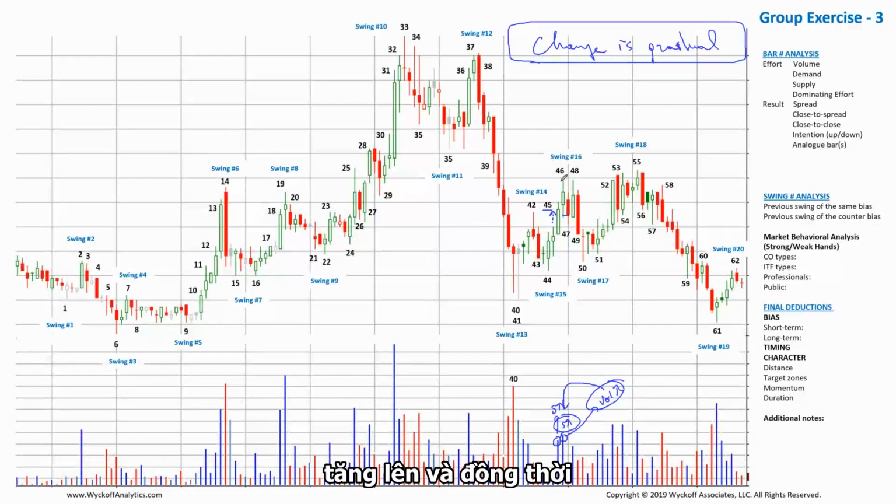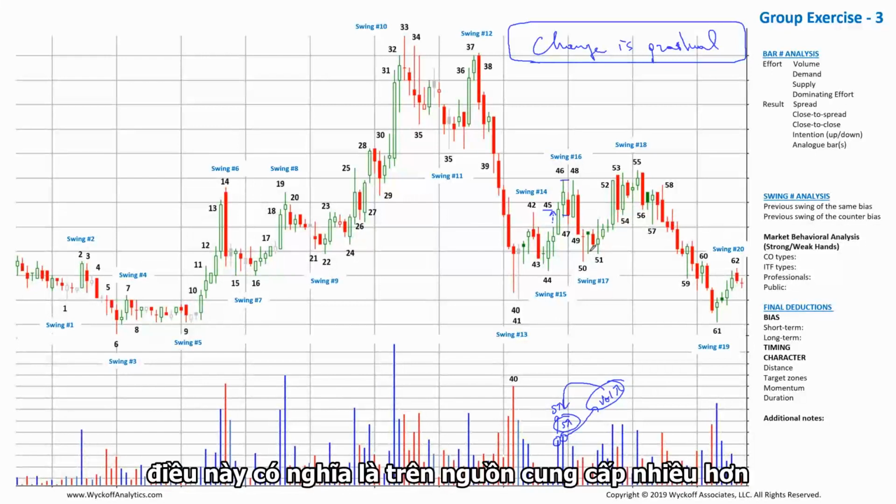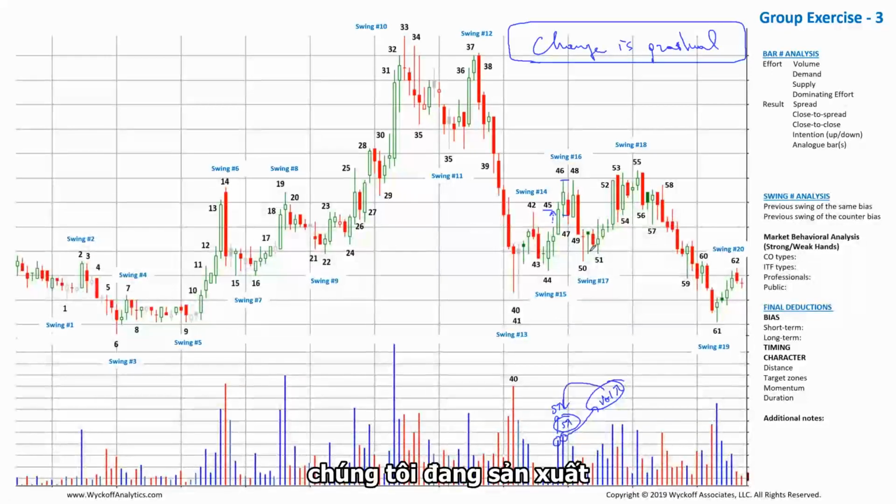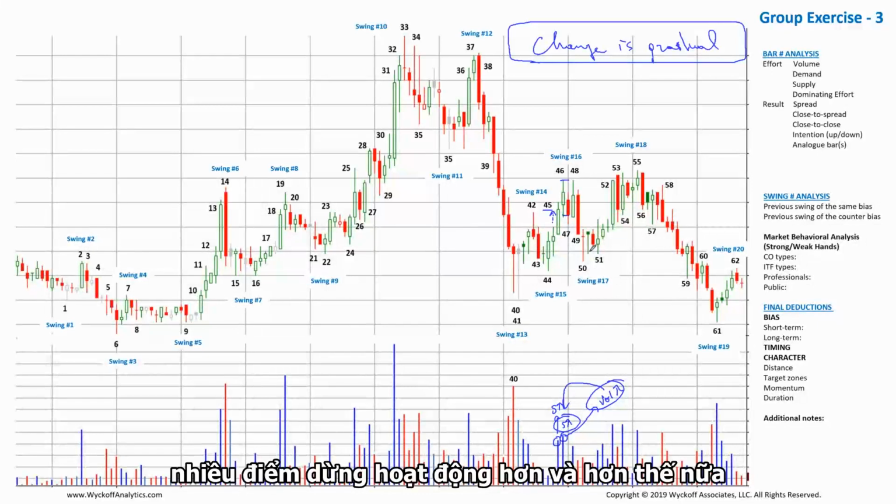And at the same time, the result to the upside has diminished. So this means that on the more supply, we're producing more of the stopping action and more reaction within the context of this bullish upswing from 44 to 46. So we see how from 45 to 46 supply increases.